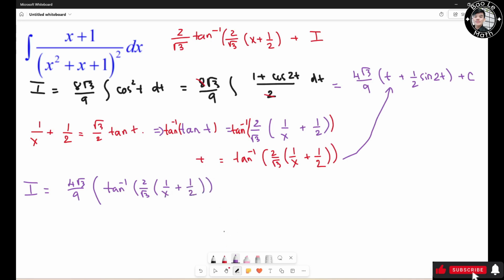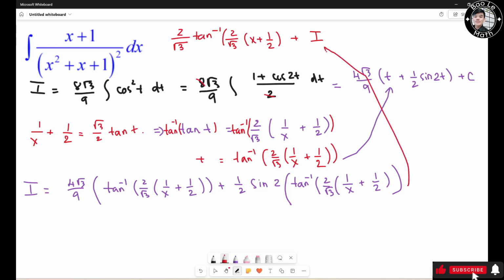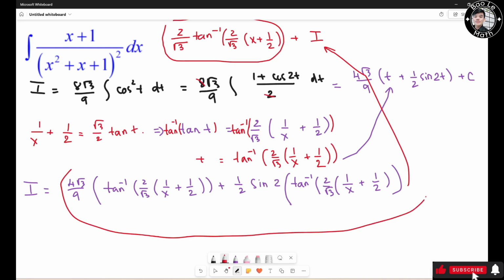And then plus 1/2 sine of 2 parentheses, and you copy this one down, so it will be tangent inverse of 2 over root 3 of 1 over s plus 1/2. Alright, so this is the answer for I. Now we bring this over here, and then we have the final answer. It's going to be this one right here and this one right here.